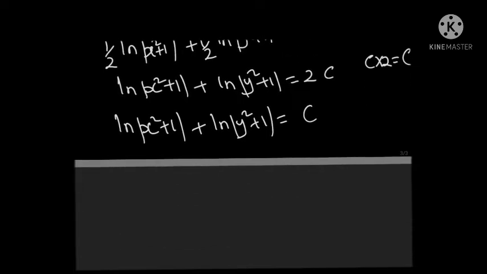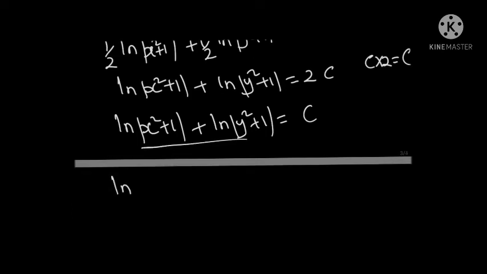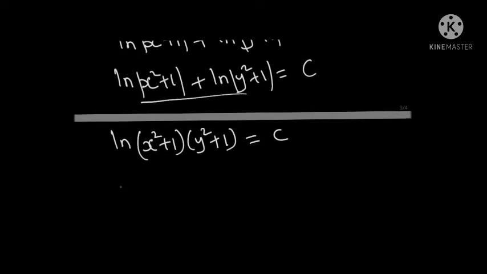Now, a property of ln allows us to combine them: ln of (x squared plus 1)(y squared plus 1) equals c. Now we can raise both sides to the exponent. So we have e to the ln of (x squared plus 1)(y squared plus 1) equals e to the c.